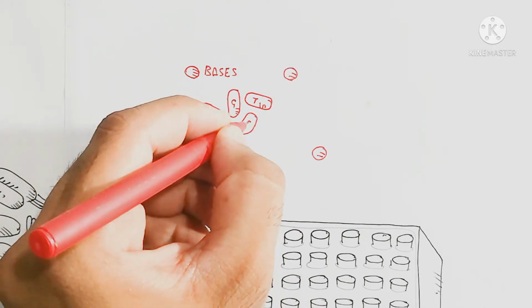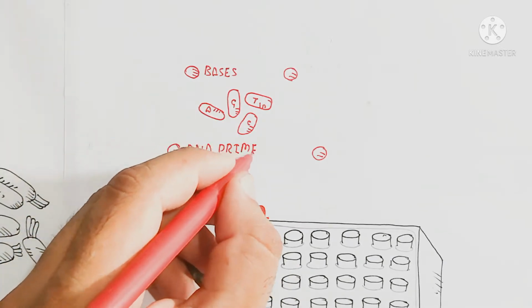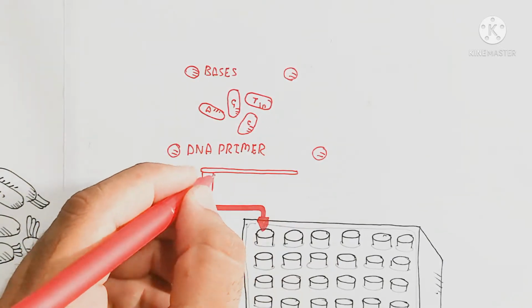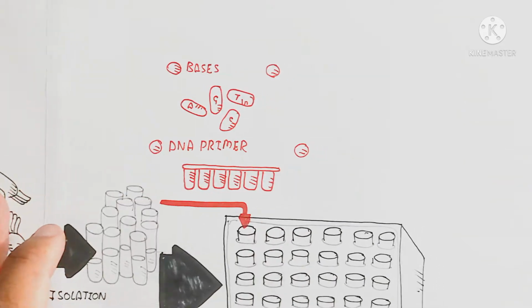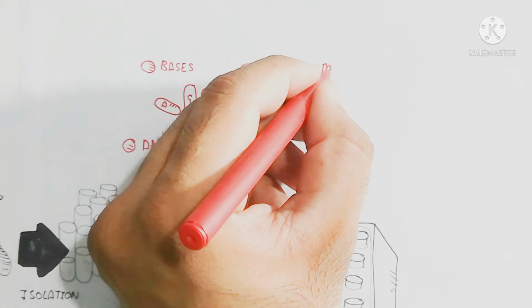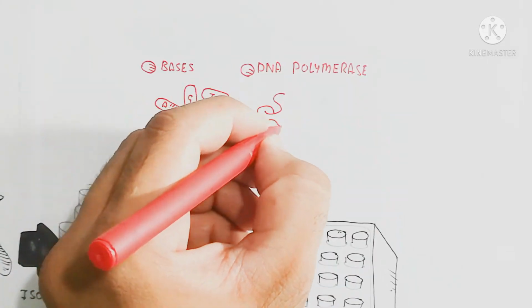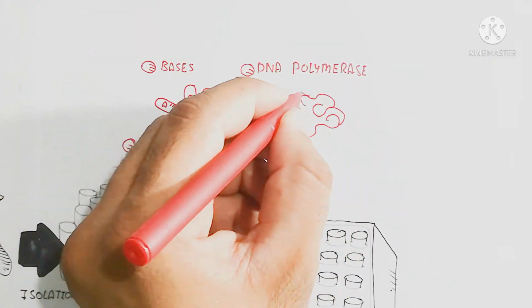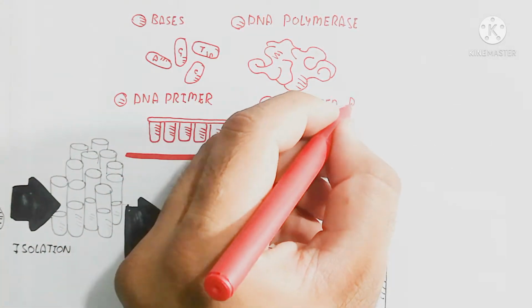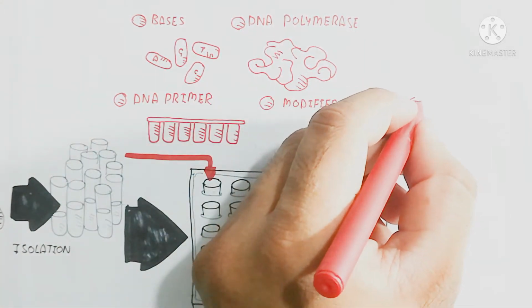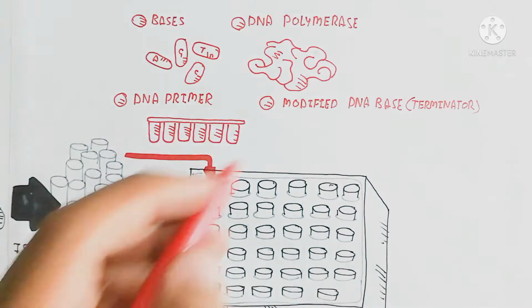The modified DNA base terminator is attached with a color fluorescence. So here is the DNA primer, which begins the transcript to make a reverse transcription. And the DNA polymerase enzyme is used, and the modified DNA base terminator is also used.